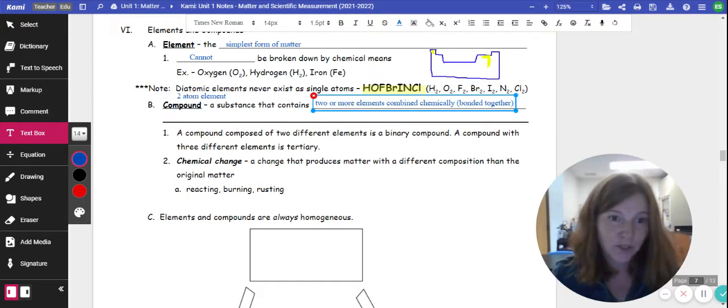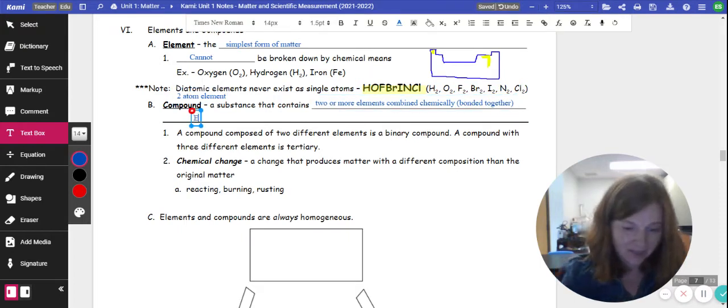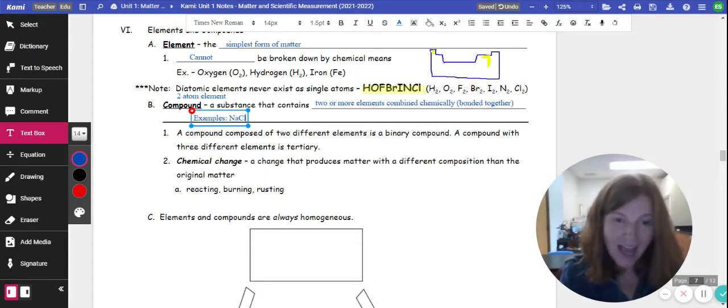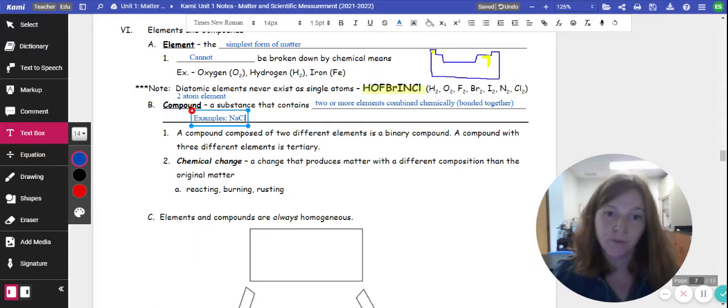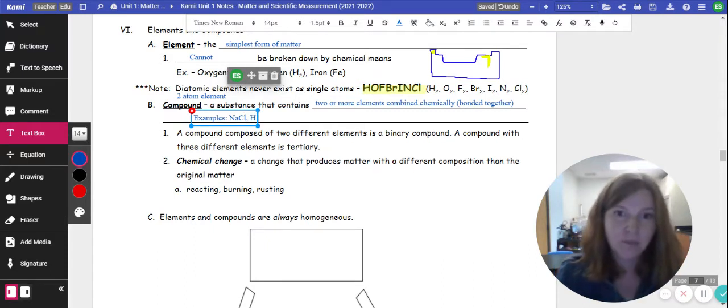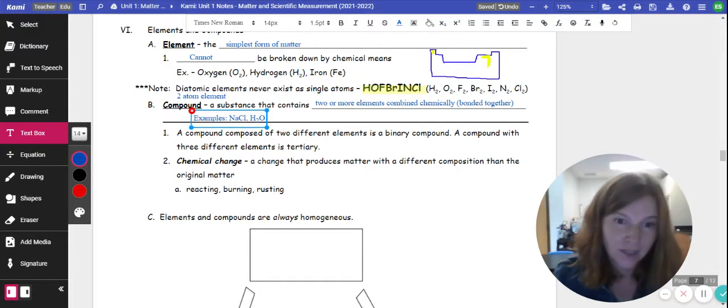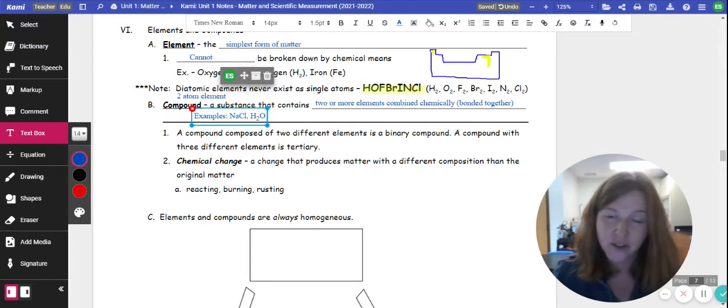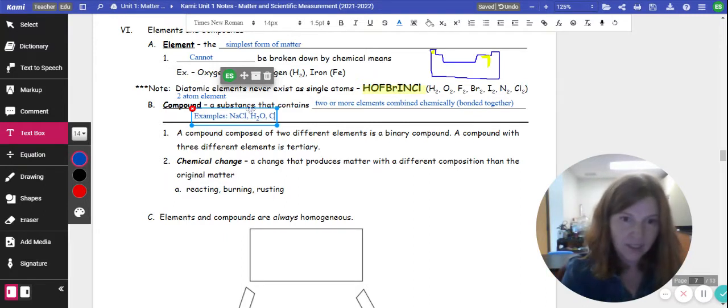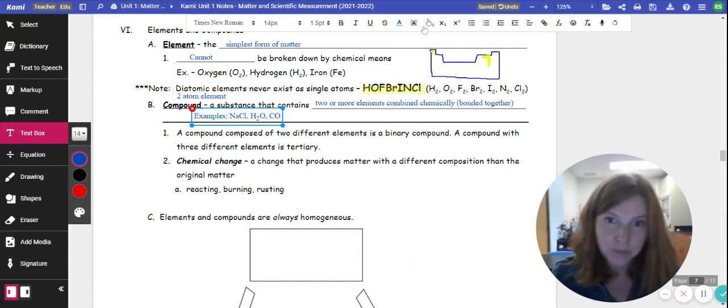Okay, so some examples of things like this, NaCl, where we have an atom of sodium, an atom of chlorine, they are bonded together, you have sodium chloride, which is salt. Another example might be something like H2O, where they are bonded together, 2 atoms of hydrogen, 1 atom of oxygen to form water. CO2, carbon dioxide, 1 atom of carbon, 2 atoms of oxygen bonded together.